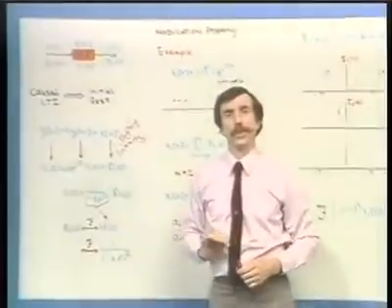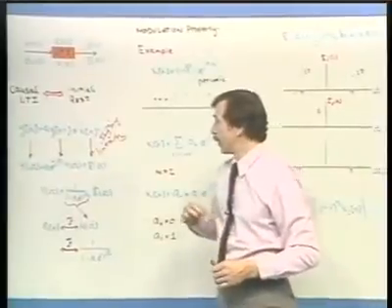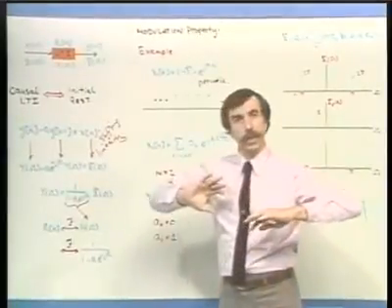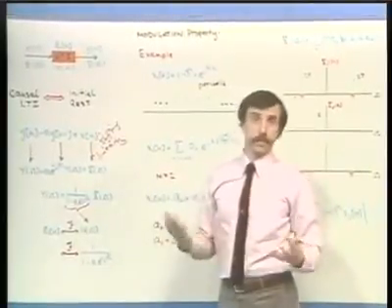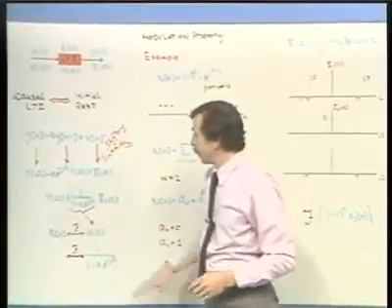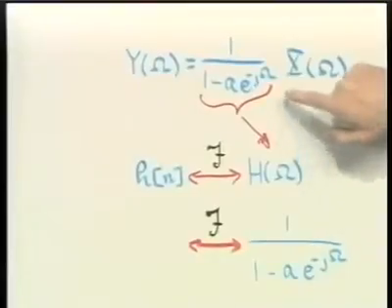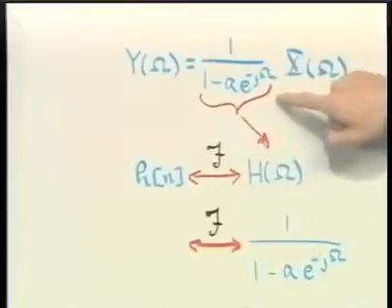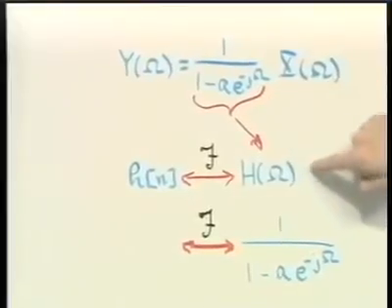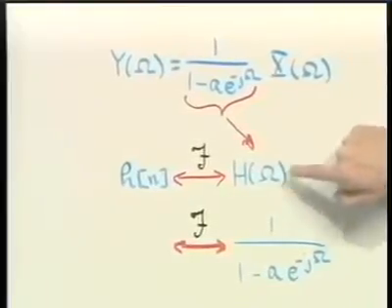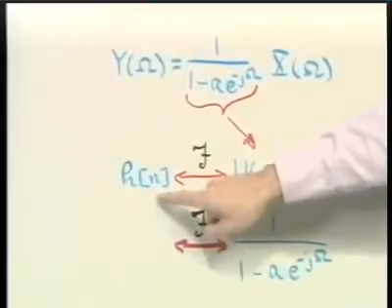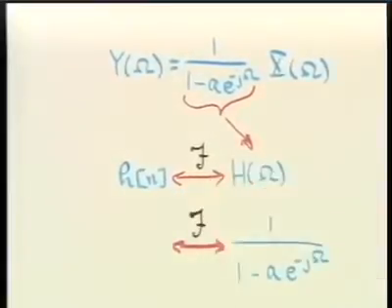So if we want to determine the impulse response of the system, for example, then having identified the Fourier transform of the impulse response, which is the frequency response, we now want to inverse transform to get the impulse response.